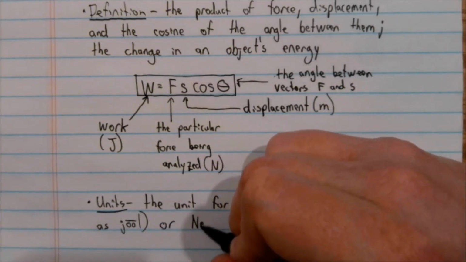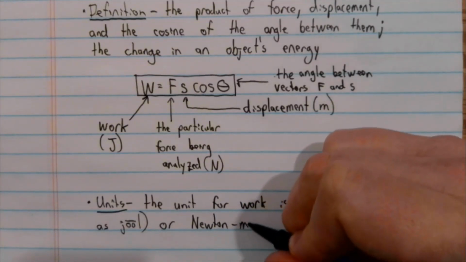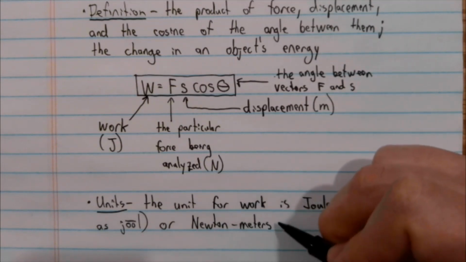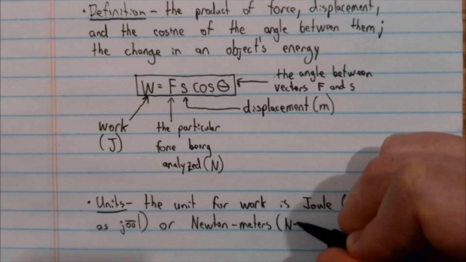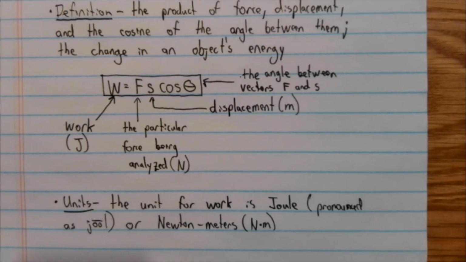Or if you want to be fancy, you could say that it's newton meters. So basically, joules is short for newton meters. Try to remember that pronunciation. Joule, that's the unit for work. Okay, I think we're good there.